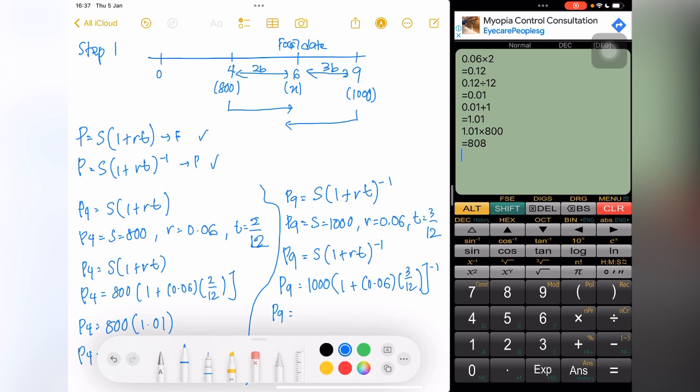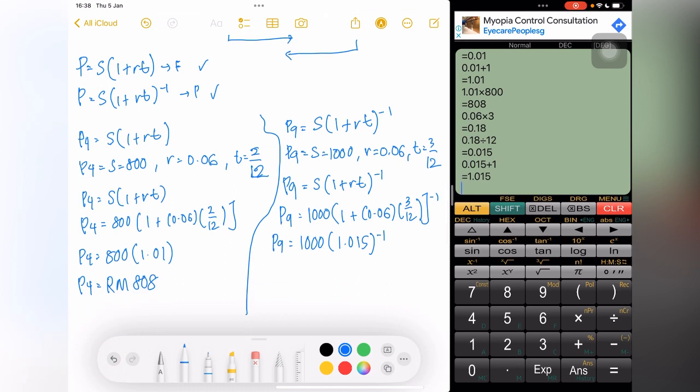So kita settlekan dalam kurungan dulu, iaitu 0.06 darab 3, dapat jawapan kita bahagikan dengan 12. So dah dapat jawapan 0.015. Kita kena campur dengan 1. So dalam kurungan 1.015 kuasa negatif 1.